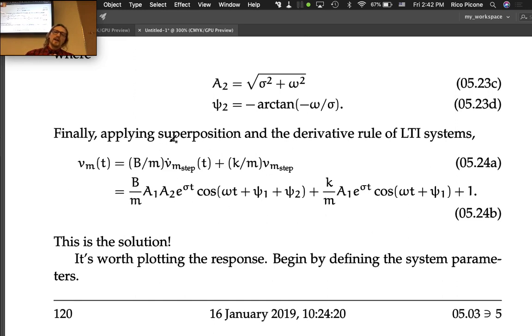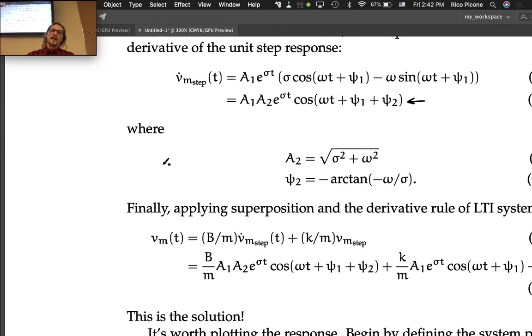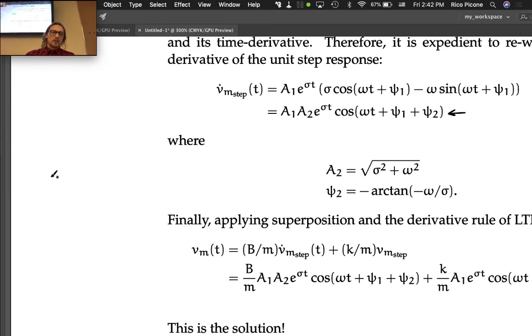So remember that right now we put in a forcing function f of t equals 1, and it gave us VM step, right?